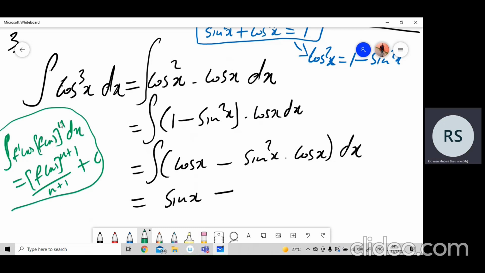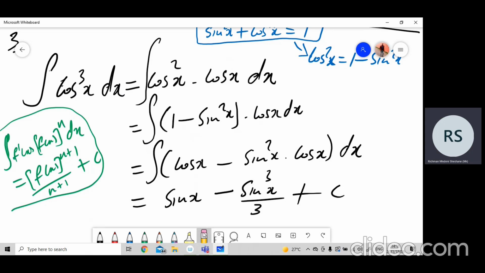If you have a function to the power of n and that function has its derivative, you can use this formula and just say the integral is the function to the power of n plus 1 over n plus 1. So the integral is sine x to the power of 3 over 3, and then plus c.